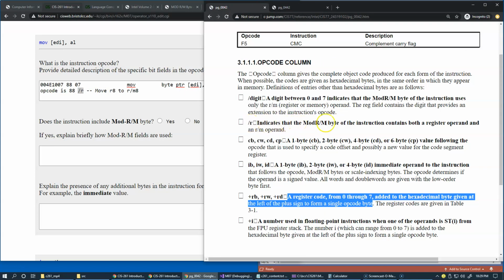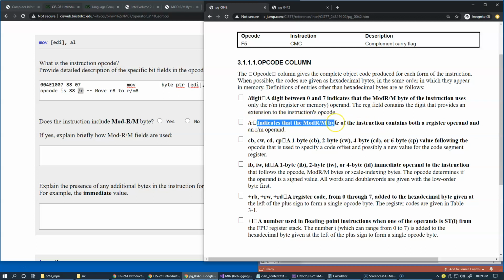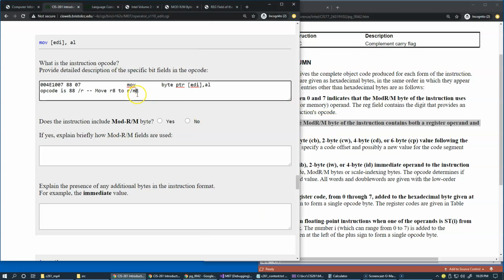/R indicates that mode RM byte, so we can copy and paste this, indicates that mode RM byte of the instruction contains both a register operand and RM operand. So basically the entire mode RM byte, all bit fields of this mode RM byte are in use.